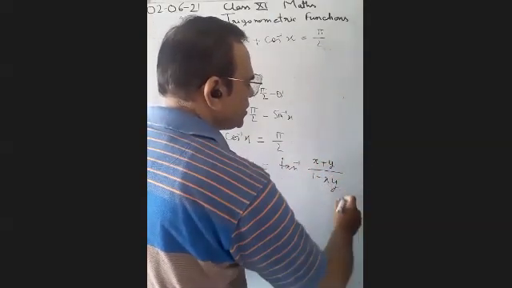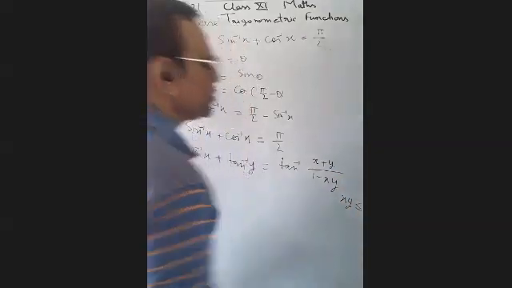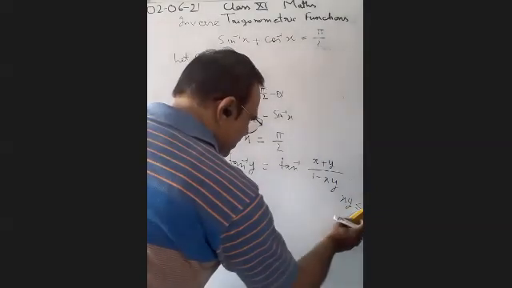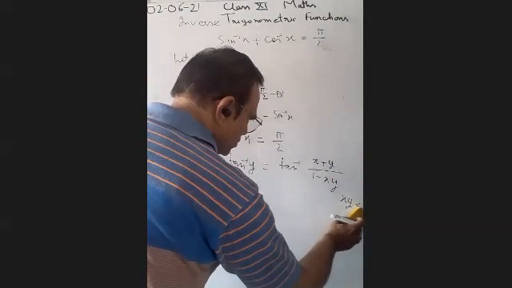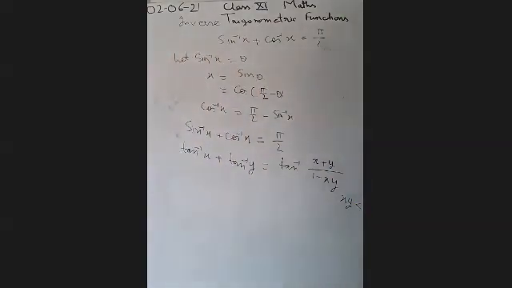But you have to take care that xy should be less than 1, not equal to 1. Because if it is negative, we have to take care of the domain, otherwise the function will not be as we have decided in the principal branch.